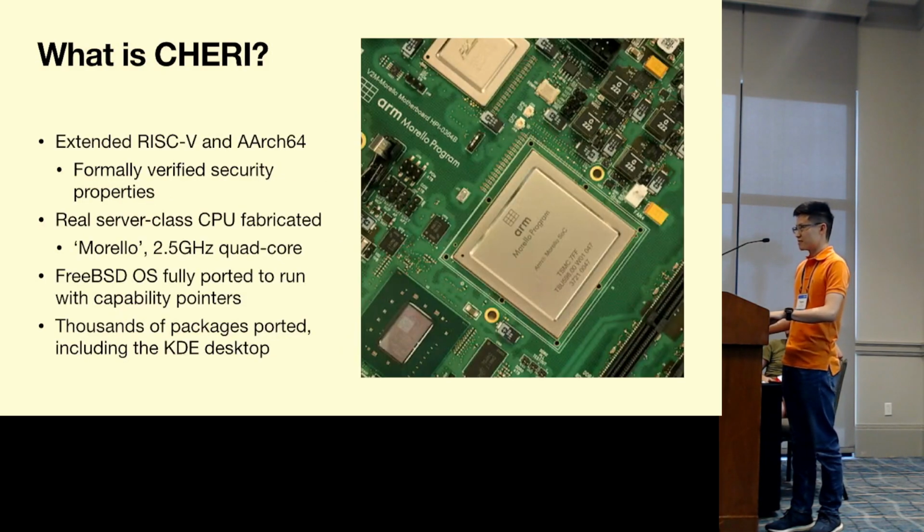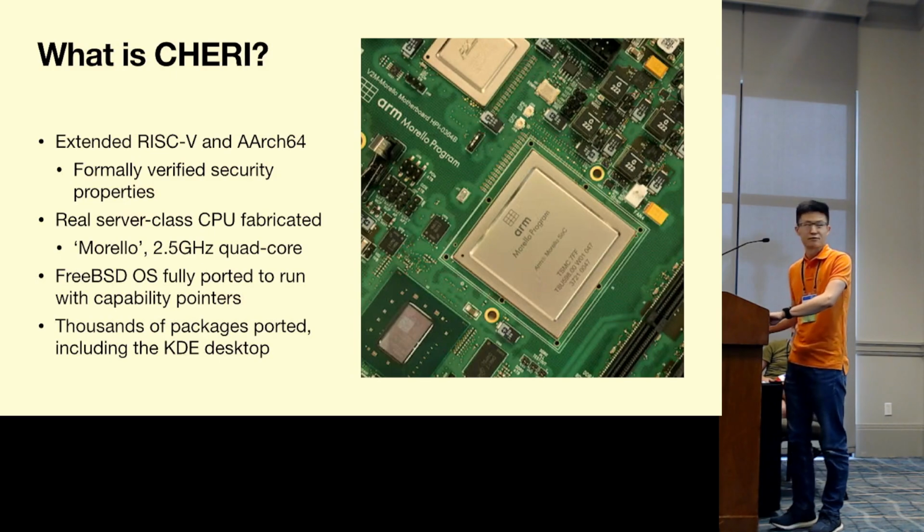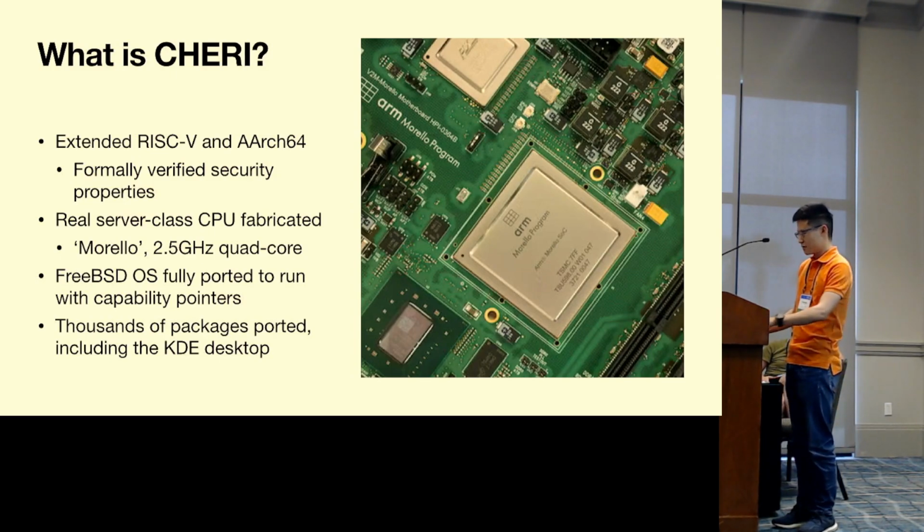So what is the stage of research with CHERI at the moment? Our group at Cambridge, with collaborators, have been working on this for more than 10 years now. We have successfully extended the RISC-V and AArch64 architectures with CHERI. We have formal specifications written, and formal proofs of the security properties that we desire, including monotonicity and others.